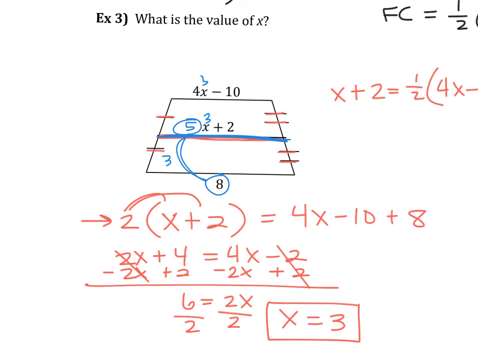That means the distance between these needs to be 3 units also. So you could always figure it out that way as well. 4 times 3 is 12. 12 minus 10 is 2. And between 2 and 5 is 3 units. So you can always double check it just to make sure that they are evenly spaced, and then you know you got the right answer. Any questions on that? All right.